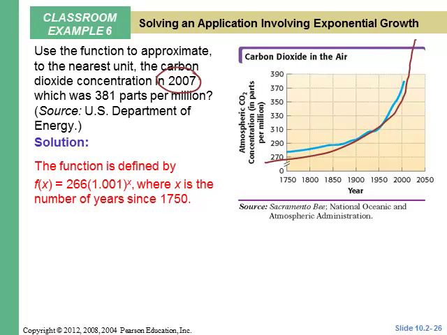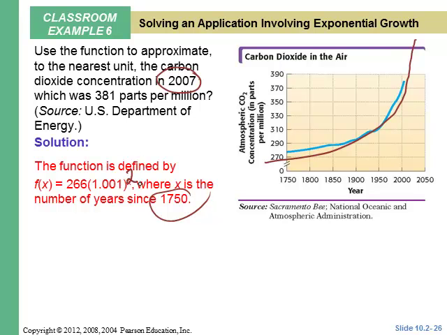So let's see what we get. How many years has it been since 1750? So we would take 2007 minus 1750, and we get 257.